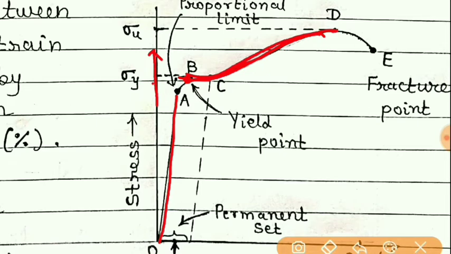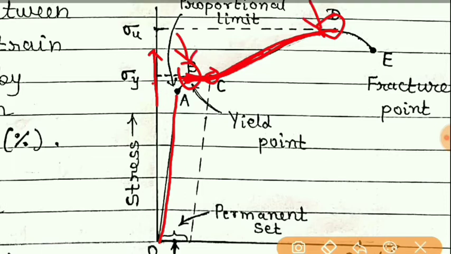Now students, here from point B to point D, suppose we take a point C in between B and D.